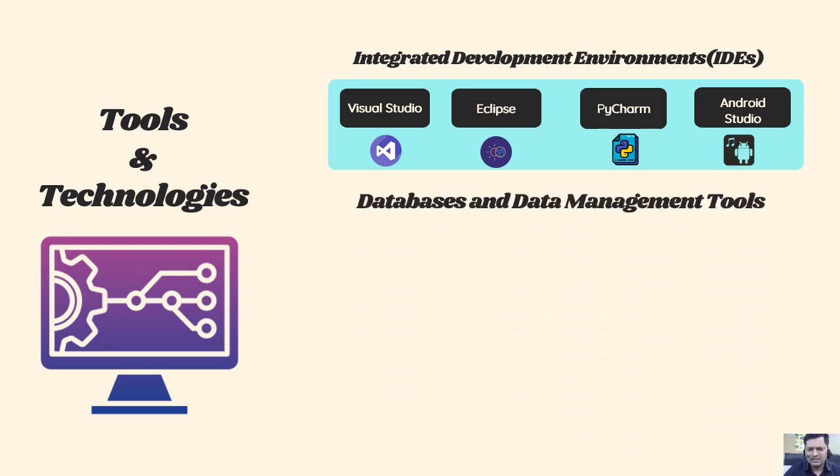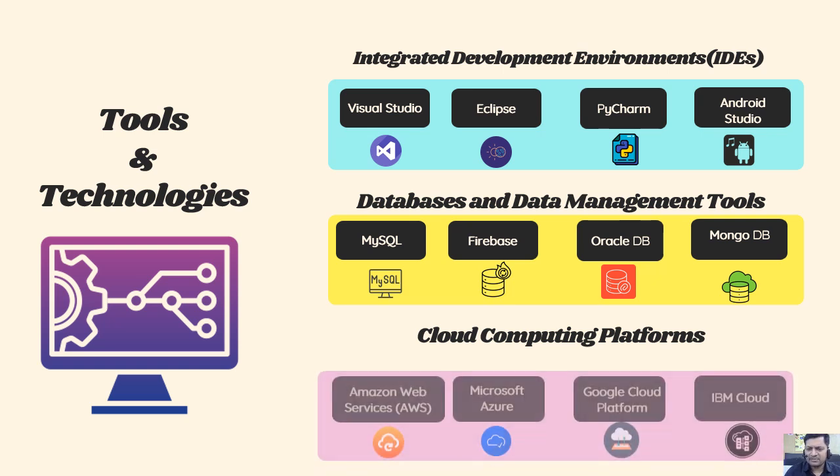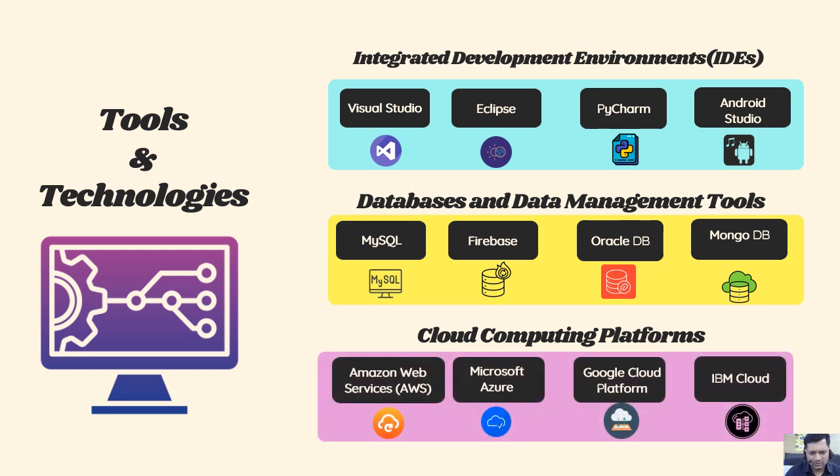Then for database and data management, we use tools like MySQL, Firebase, Oracle DB, and MongoDB. Then we have cloud computing platforms, such as Amazon Web Services, Microsoft Azure, Google Cloud Platform, and IBM Cloud.